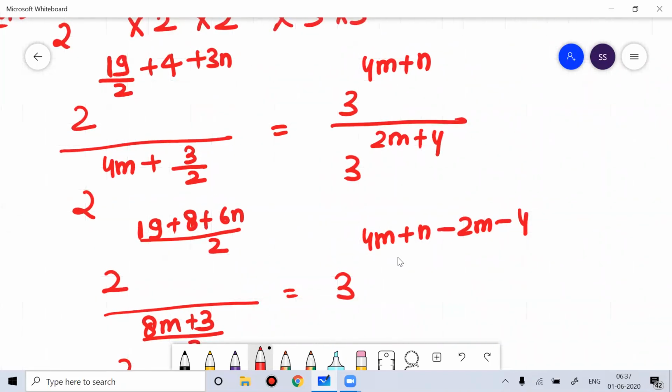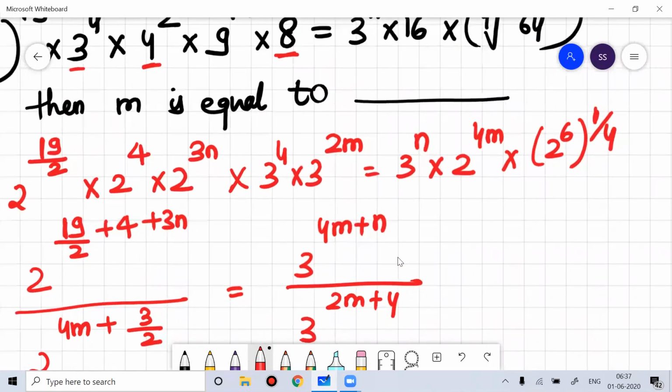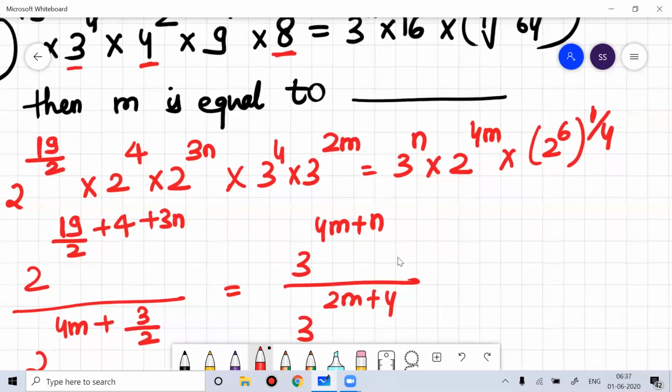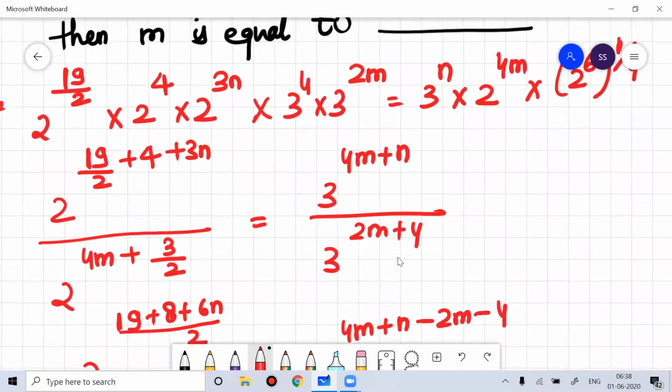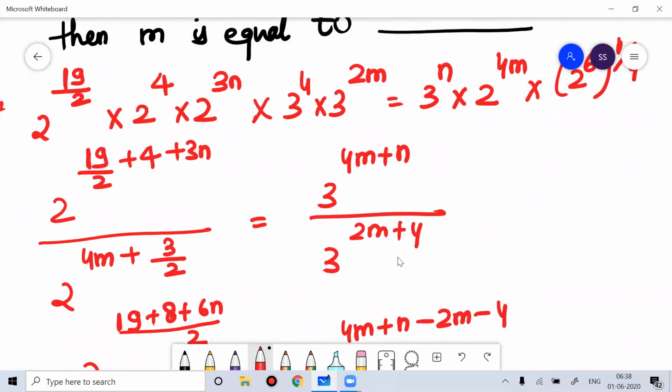So 4m plus n minus 2m minus 4, that was 2m plus n minus 4. So this was 3 to the power 4m plus n, divided by 3 to the power 2m plus 4. So you brought 3 to this side, you brought 2 to this side.